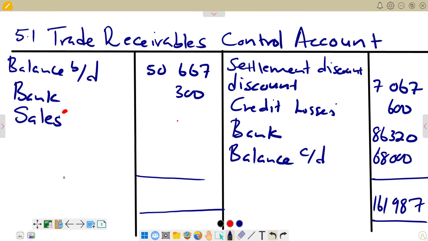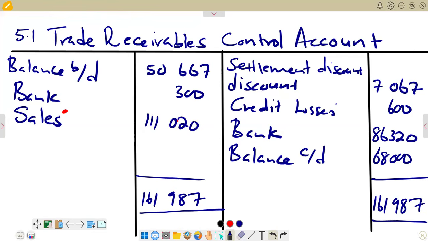So this total will come on both sides in between the double lines, 161,987. Then for this balancing figure, we are saying 161,987 minus 300 minus 50,667. We'll just add the total of these two, then subtract it from this total to get the balancing. So the amount that you are going to get there is 111,020.